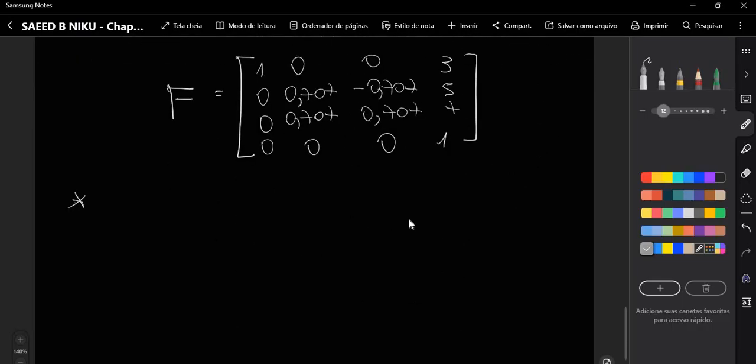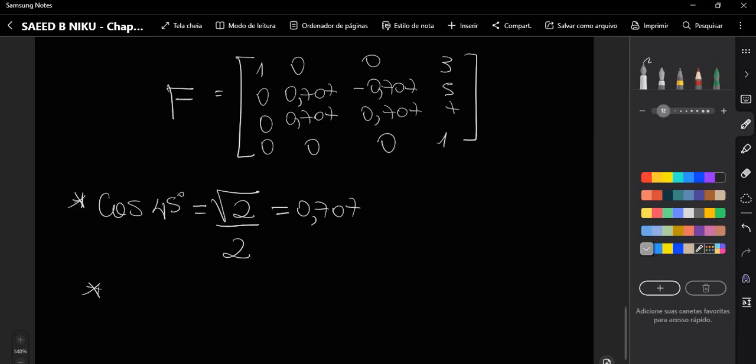If you remember, let's do this quickly. Cosine of 45 degrees is equal to the square root of 2 over 2, which is equal to 0.707.